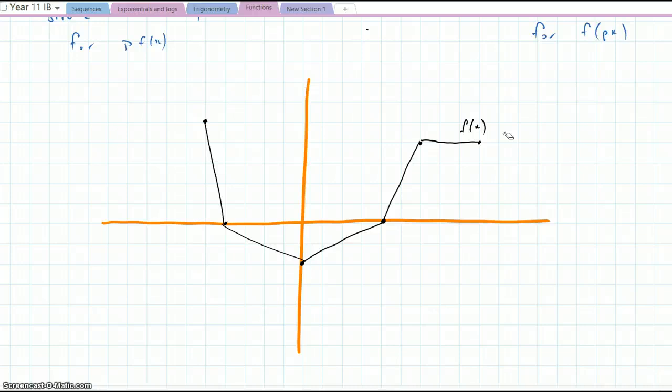So now if we have a look at putting the translation inside, so putting the adjustment, sorry, inside. So we'll have a look now at putting an x plus 2 in here. So what that does, and I talked about it being at the input level making an adjustment, which meant a left-right shift.